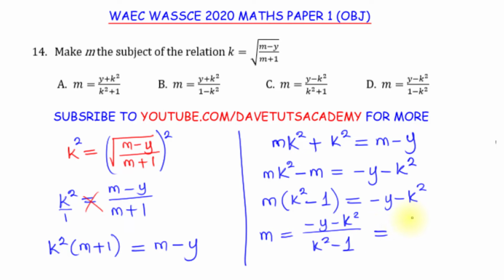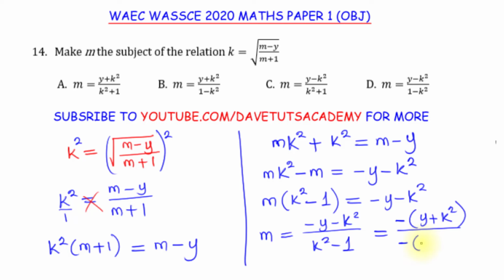If I factor out minus here, and I have this as y plus k raised to power 2 over, in this particular case, I can say this is also minus multiplied by 1 plus k square, or let me write it in the order that it's given.